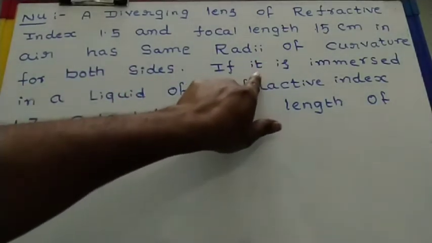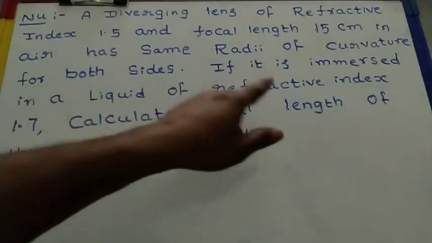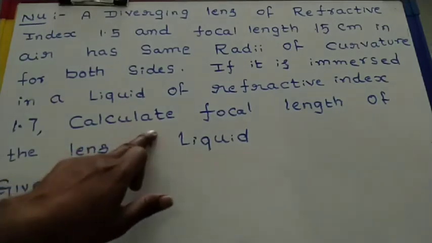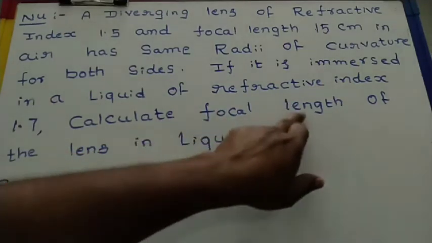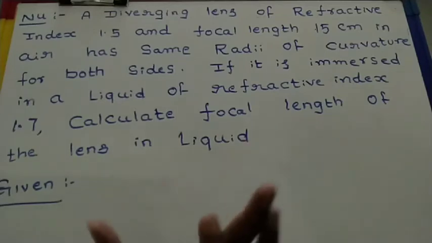If it is immersed in a liquid of refractive index 1.7, calculate the focal length of the lens in liquid. This is the question. First, try to understand the important terms in this question.